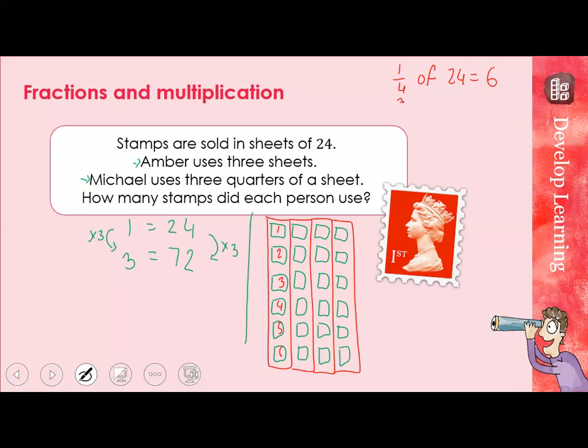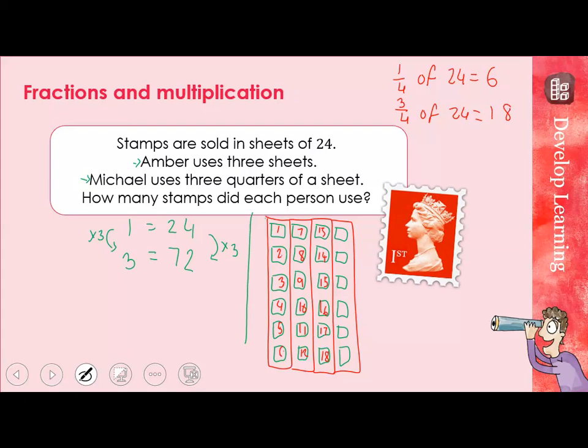So what is 3/4 of 24? Well, I can see I've got 1, 2, 3, 4, 5, 6, 7, 8, 9, 10, 11, 12, 13, 14, 15, 16, 17, 18. So I know that 3/4 of 24 is equal to 18.